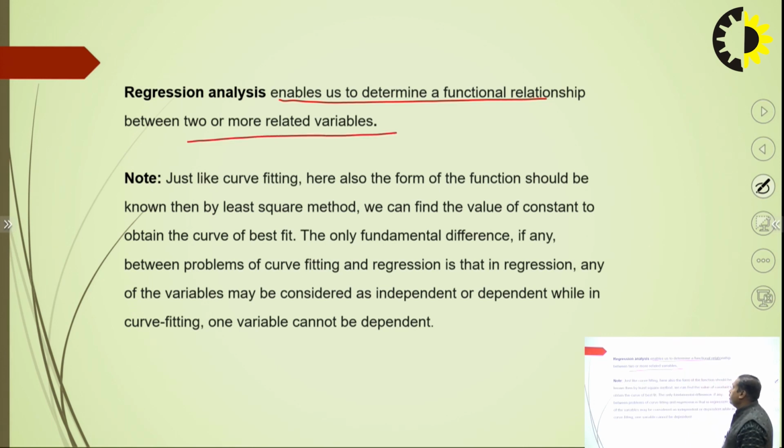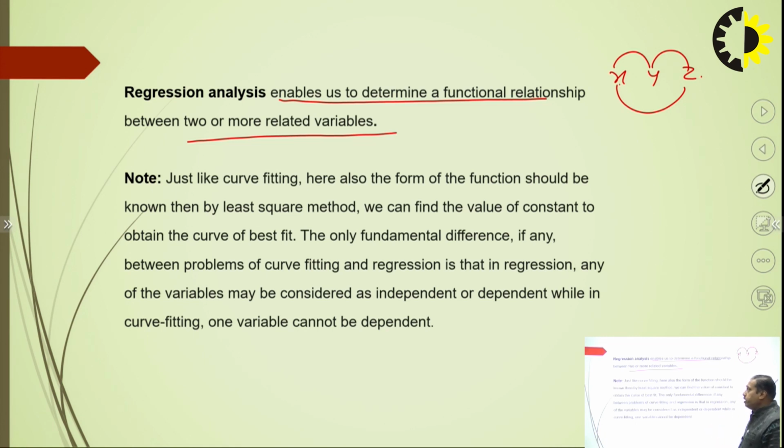If there are x, y and z, then we have to establish relations between x and y, y and z, x and z. That comes into the category of multiple regression, where more than two variables come at a time. These are internally related, and that is studied in regression analysis.